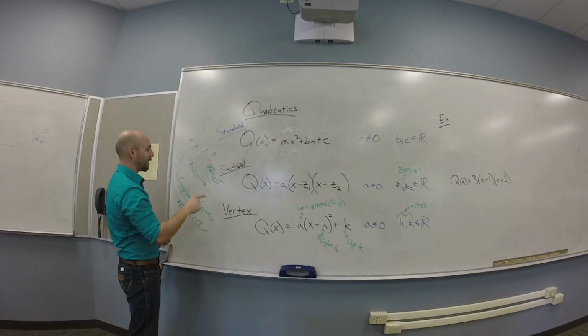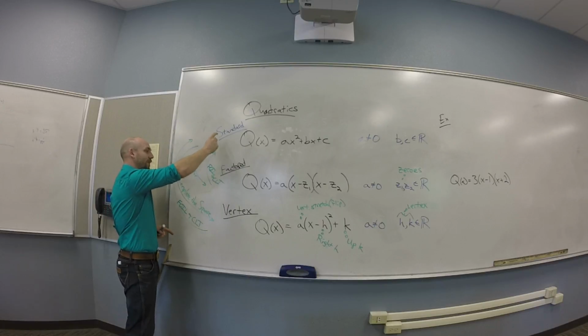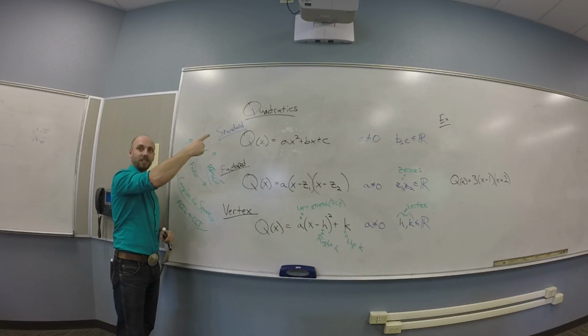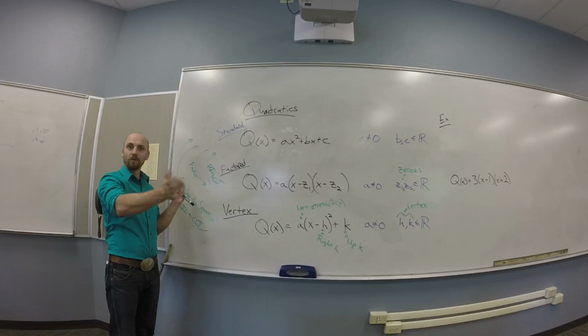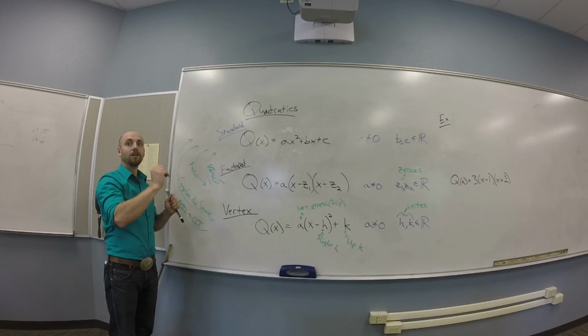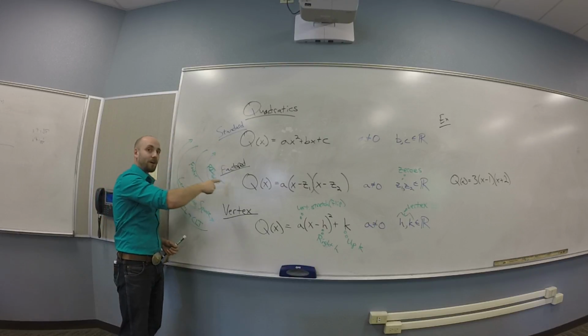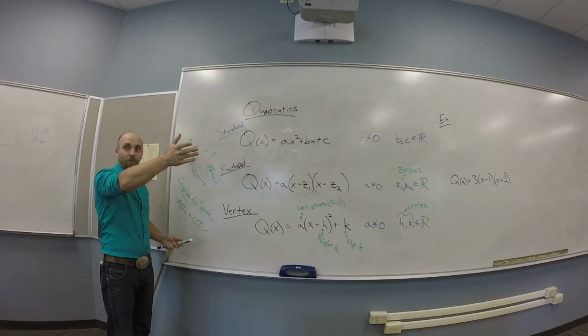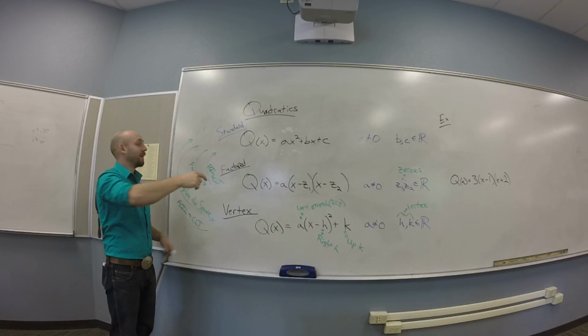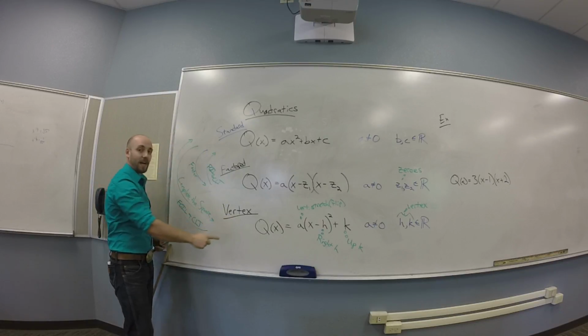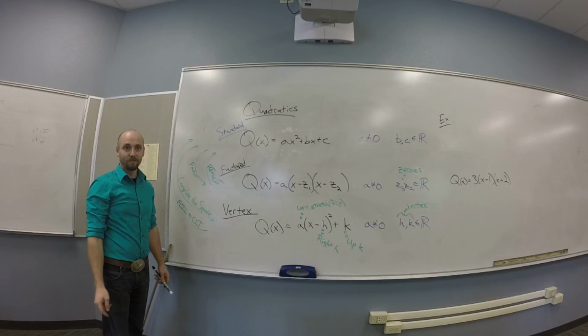But I want you to know that to get from either of the other two forms to standard, you just multiply that out, combine like terms, and you're done. To get from standard to factored, you factor, surprisingly enough. And to get from standard to vertex, you complete the square. Cool?